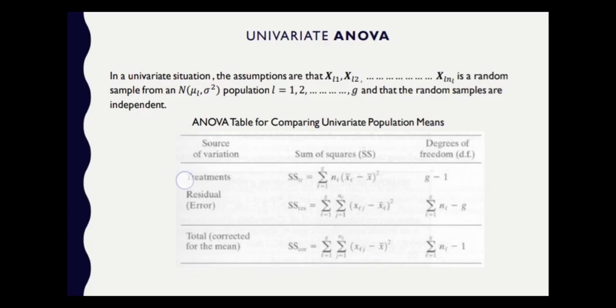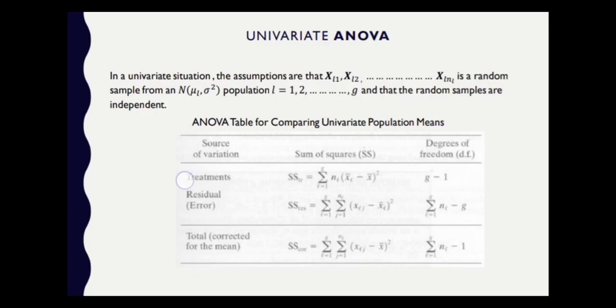So I want you to flash back a little about the univariate ANOVA. You already know we are using the univariate ANOVA when you want to compare the mean for several populations. Right? So it is the same with one-way MANOVA, except that we deal with several variables. Because of that, we have to use one-way MANOVA.